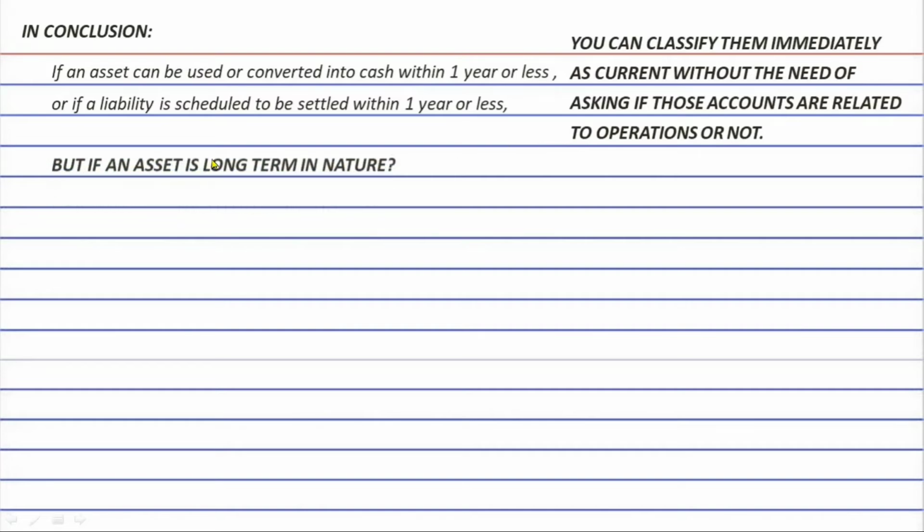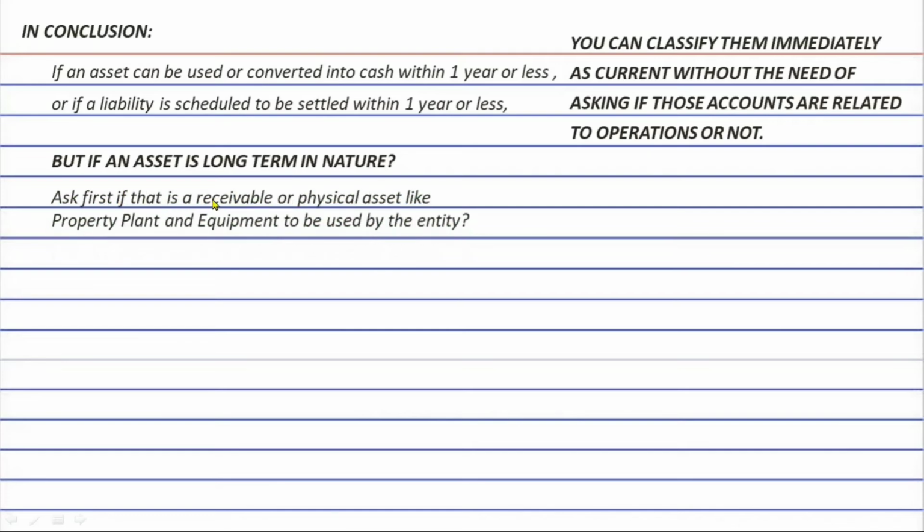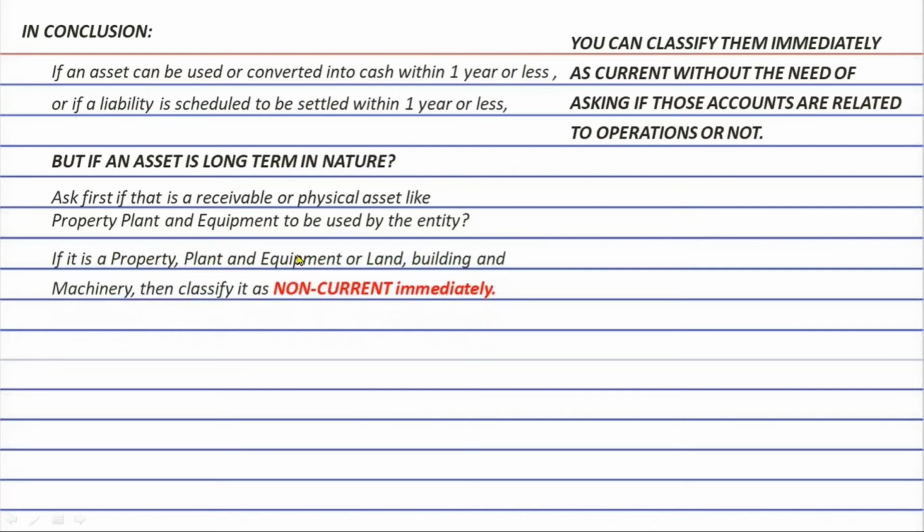But if an asset is long-term in nature, you need to ask first if that is a receivable or a physical asset, like property, plant, and equipment to be used by the company. Because if it is property, plant, and equipment, or land, building, and machinery used by the company, I'll emphasize again, PPE, then classify it immediately as non-current.